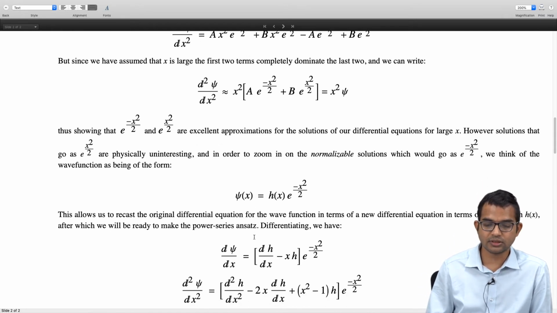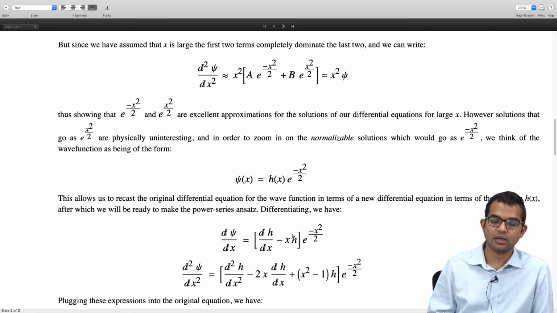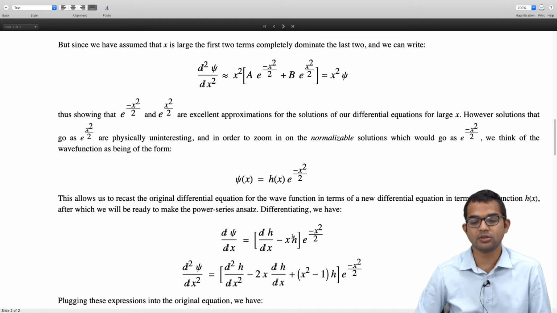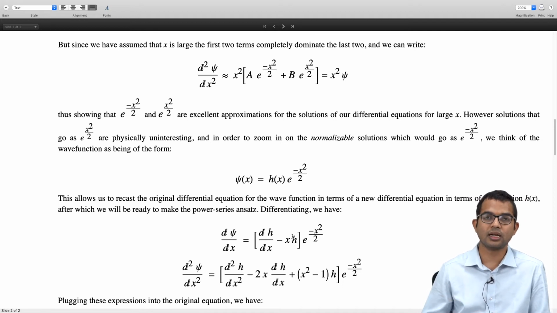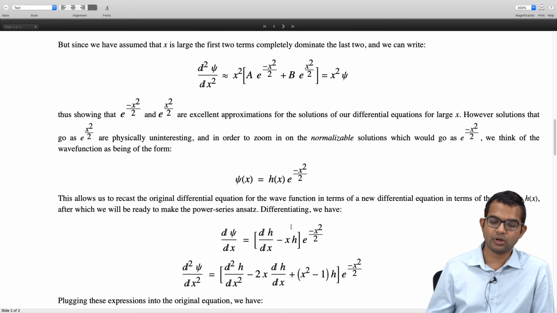The transformation is obtained by first doing these two derivatives. So dψ/dx is (dh/dx minus x times h) times e to the minus x squared by 2. That's the thing about these factors of e to the minus x squared by 2. If you take a derivative, you still leave such factors around after every differentiation, and so you can pull out this entire factor.